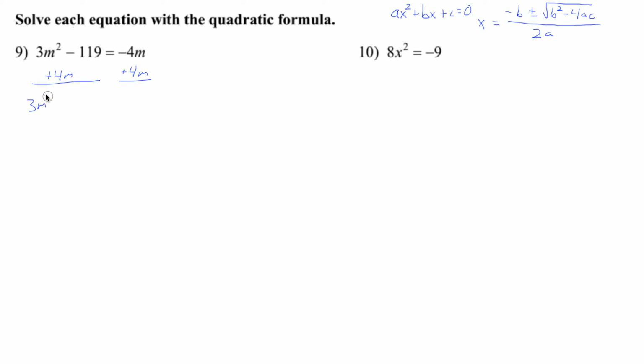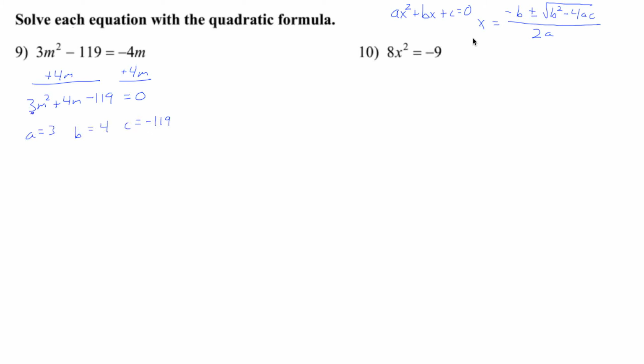So we have 3m squared, then plus the 4m, then minus 119 equals 0. It has to be squared first and then no variable at all. So now a is equal to 3, right there with our m squared. b is equal to 4, and c is equal to negative 119.